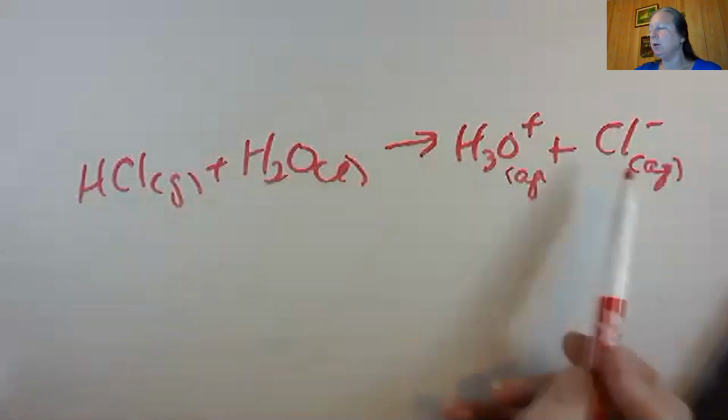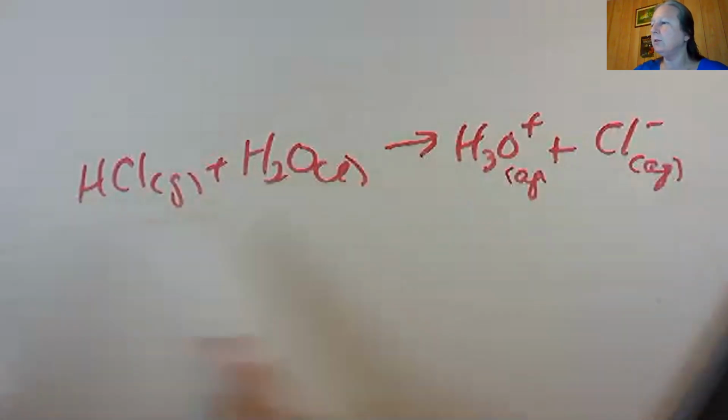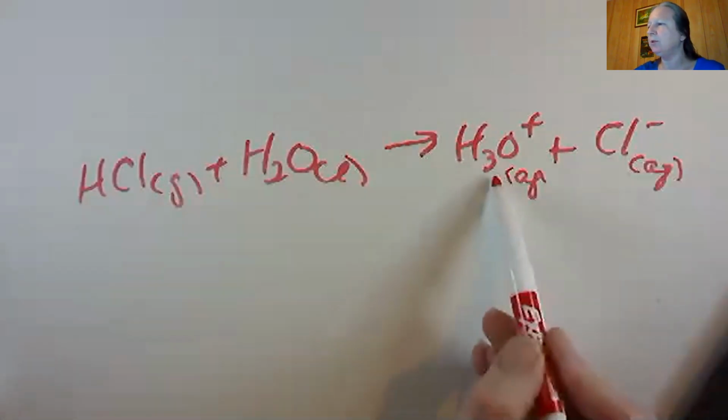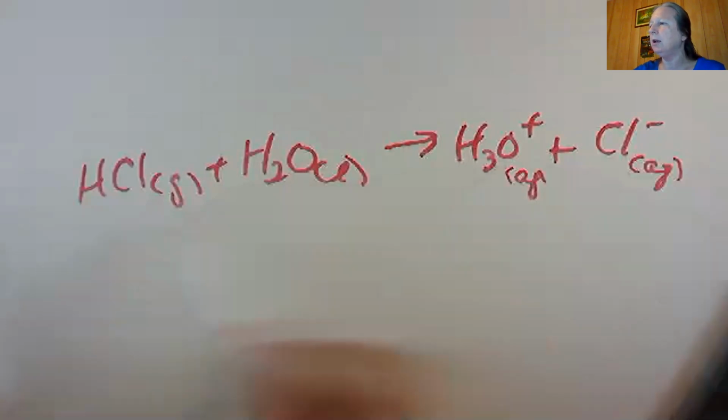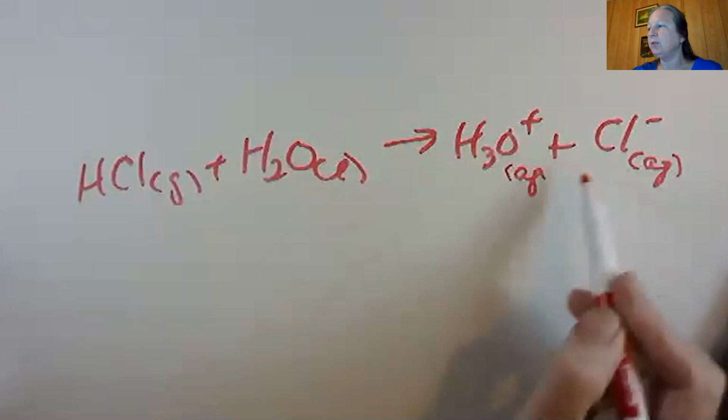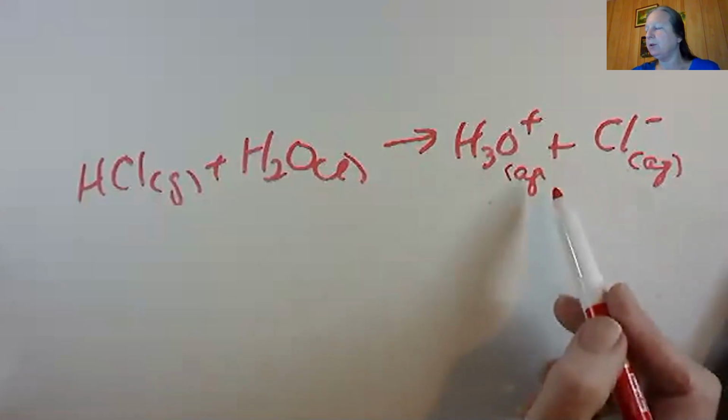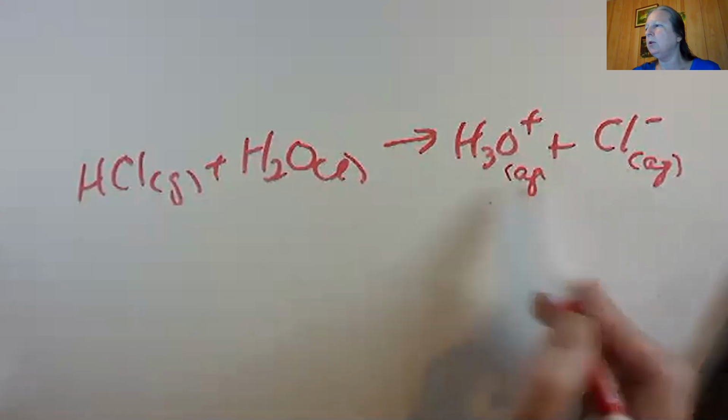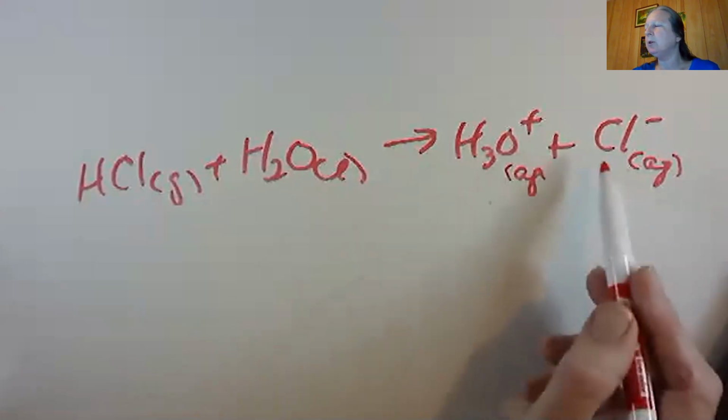So these have charges. In this case, it's 3. So this is already balanced, right? I have 3 hydrogens, I have 1 oxygen, and I have 1 chlorine. But this has charges. If you get a reaction, let me think of one, that you end up with an imbalance of charges.